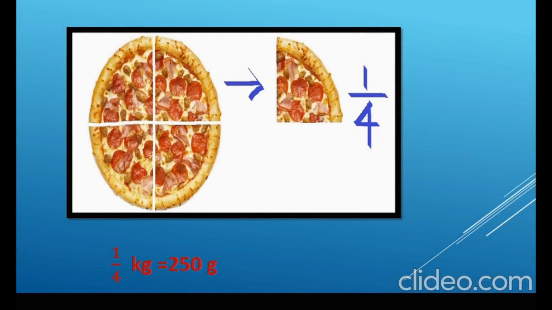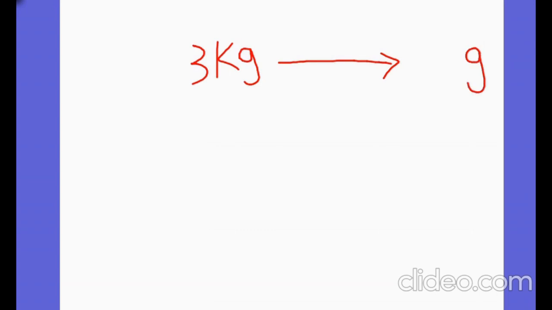So, let's take an example. If I have 3 kilograms, and I want to transfer it to grams, what will I do? Good.